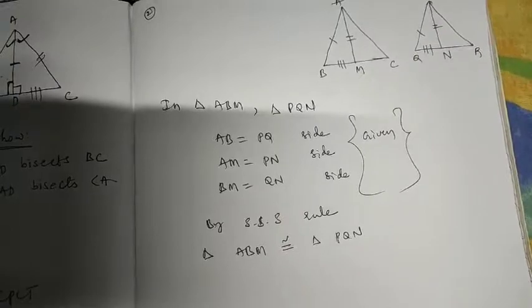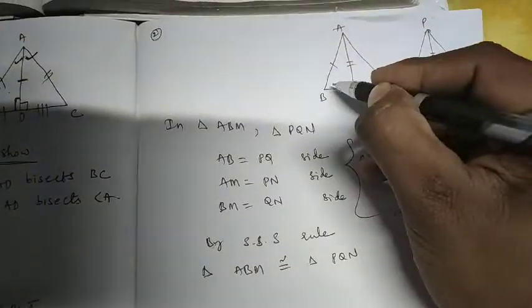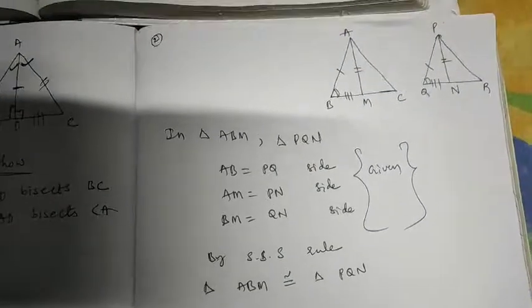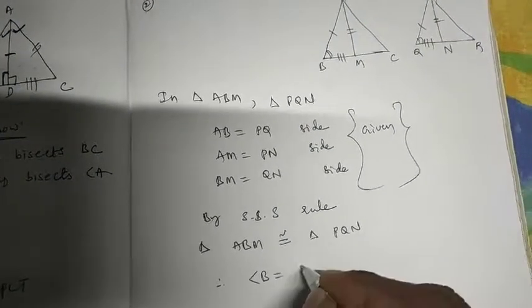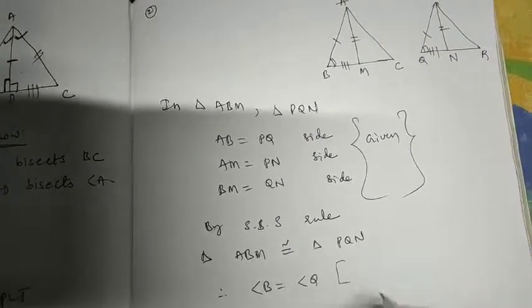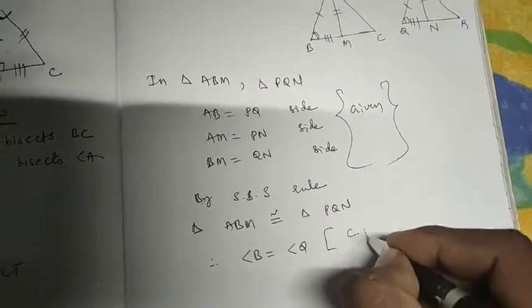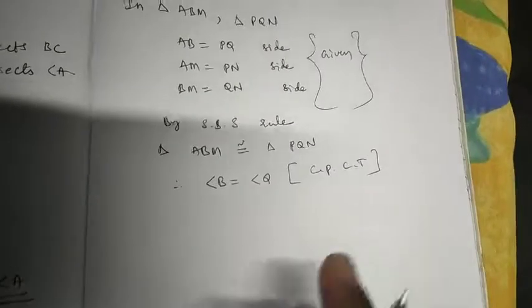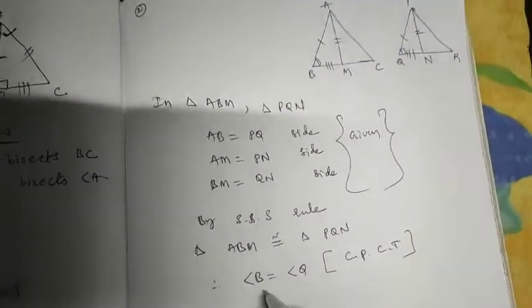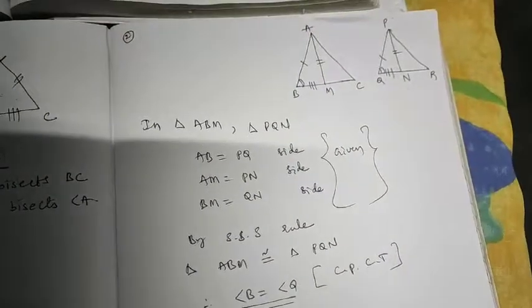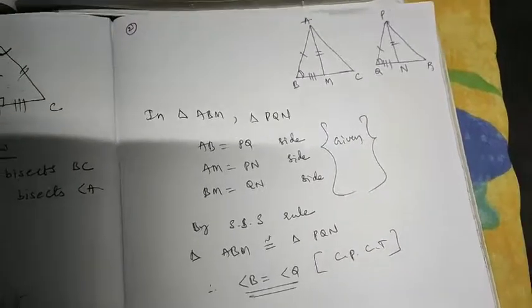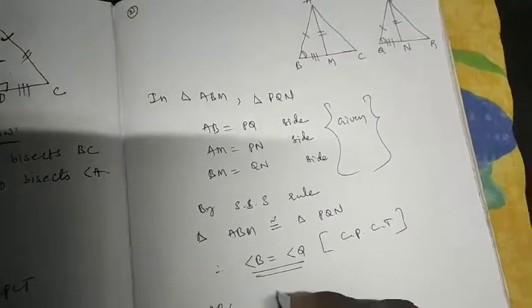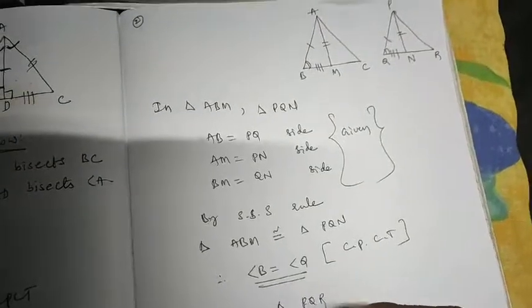Then the corresponding angles I want to talk about. So I can say angle B is equal to angle Q, by CPCT. Correct? Why should I take angle B equal to angle Q? Because further it asks about the congruence of ABC and PQR.